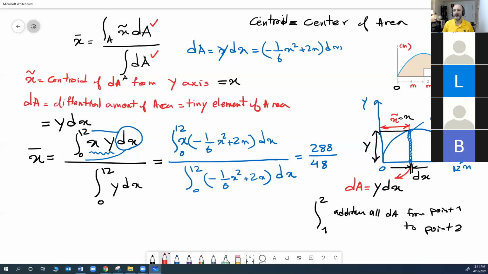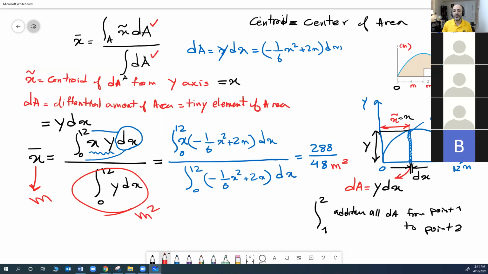What is the unit of area? Meters squared. So at least we know this one is meters squared, right? This is area. What about the top one then? What unit should you get for the x bar centroid? Meters.